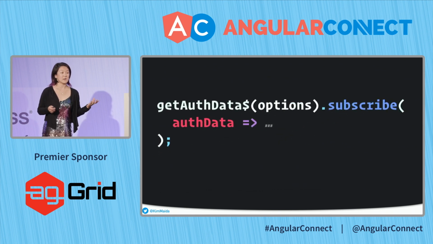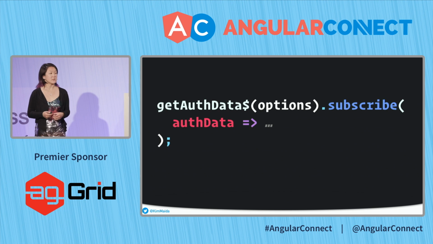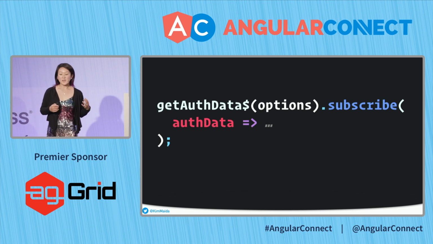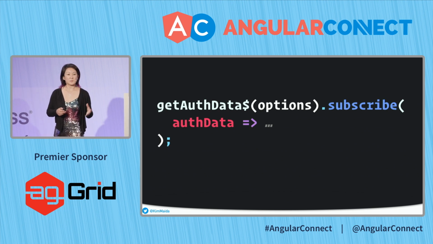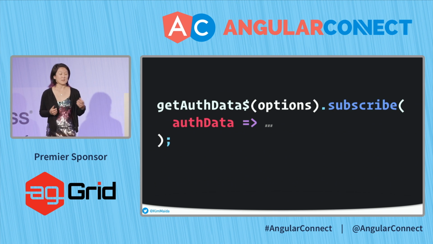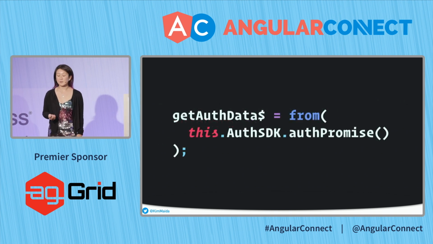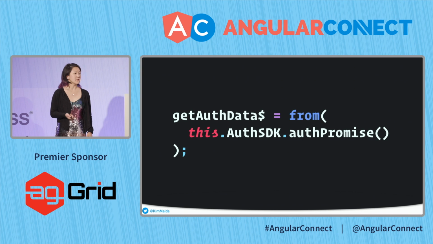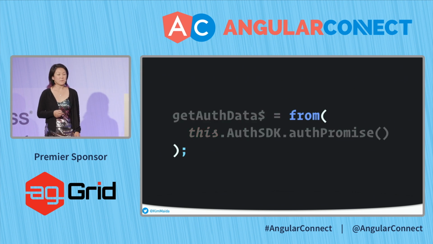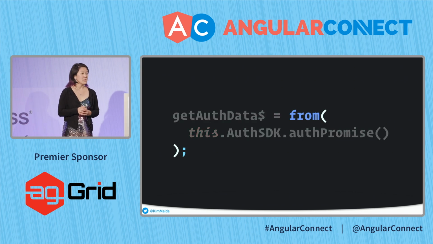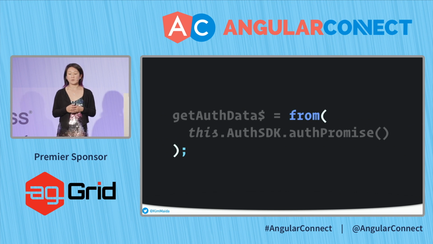So once you have something like that, then you can subscribe to this observable. And then you can also pass it options. You can pass options to the bound method at the time of subscription. And then you can do something with the result when that data becomes available. Similarly, if your library returns promises, then we can use the from observable creation method in order to convert a promise to an observable.